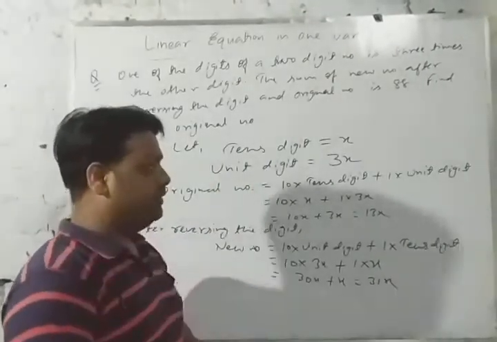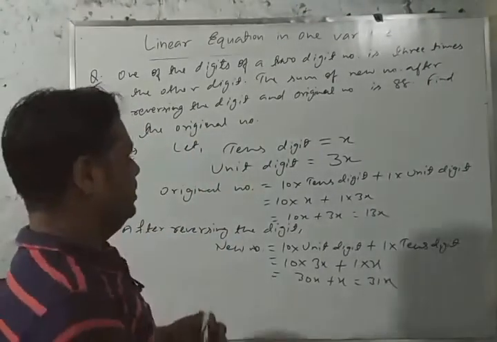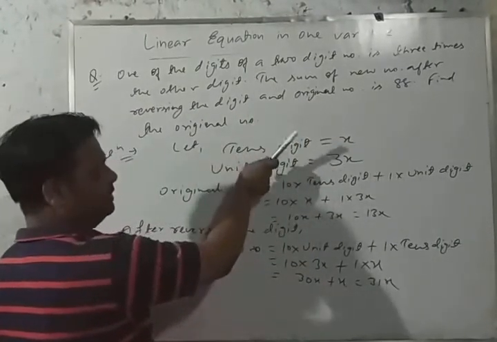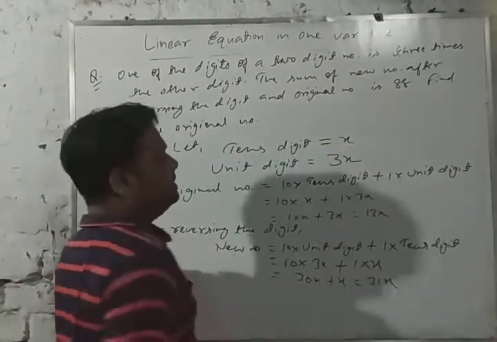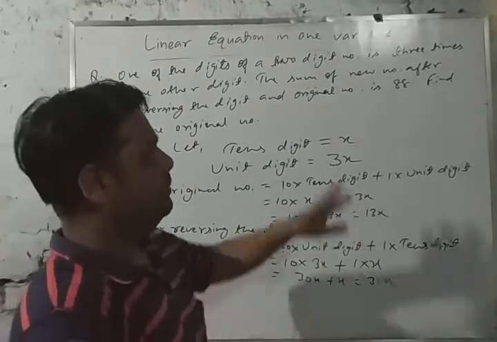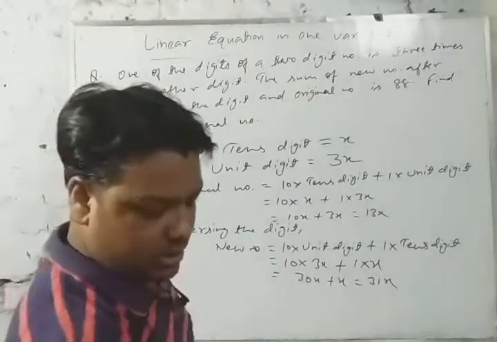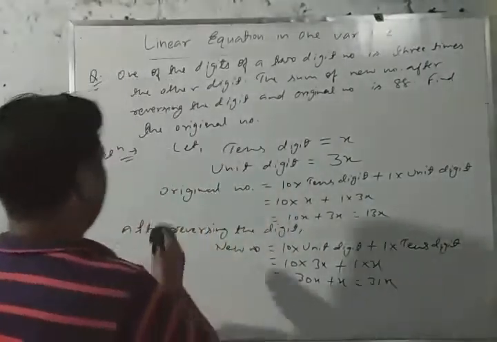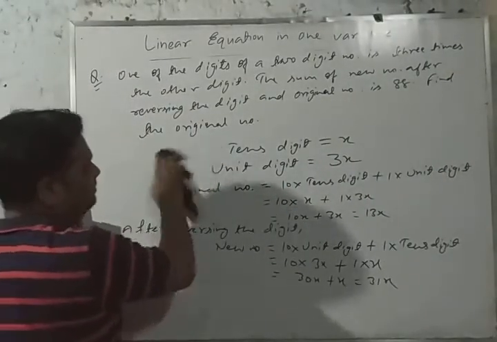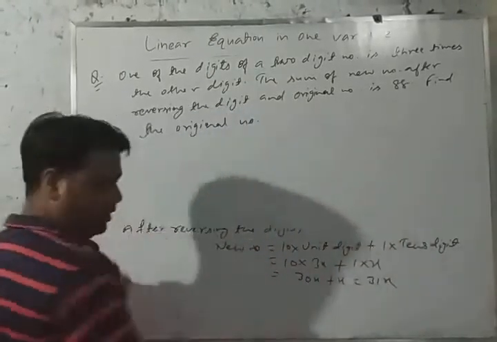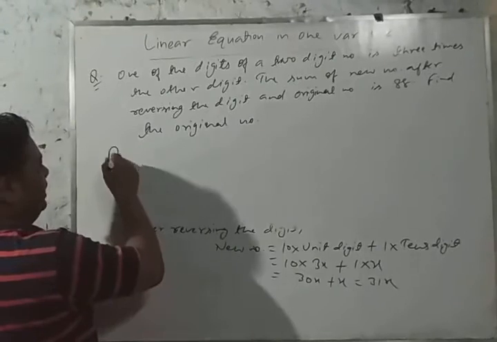Now we will solve this question according to the question. The sum of the new number after reversing the digits and the original number, means original number plus new number, is equal to 88. It is the equation. Now I am erasing the upper one. According to question, I will write ATQ.